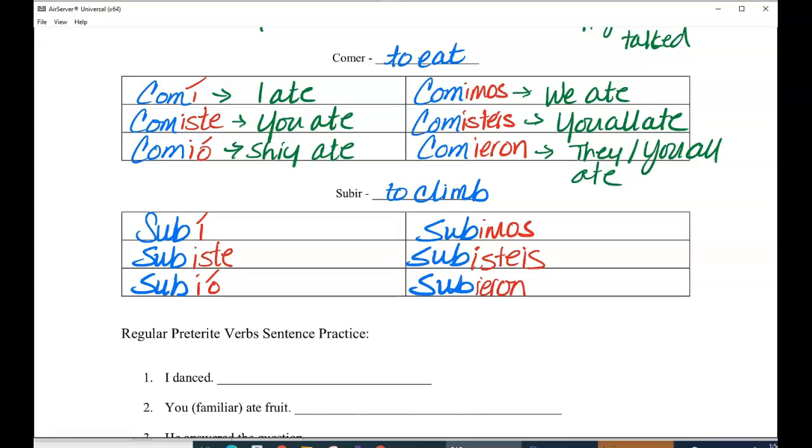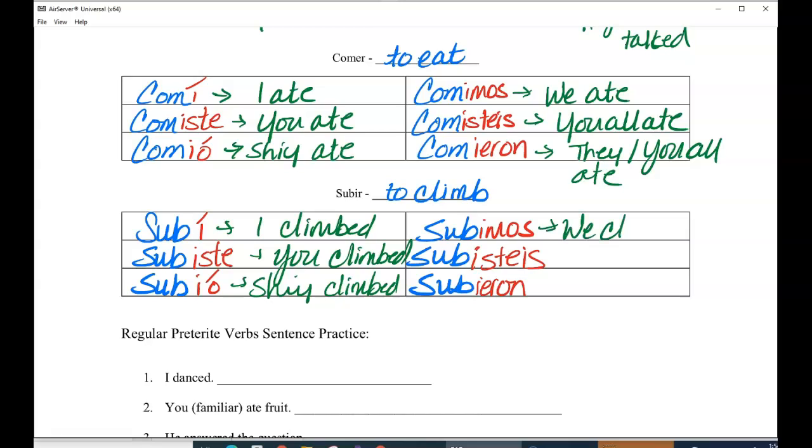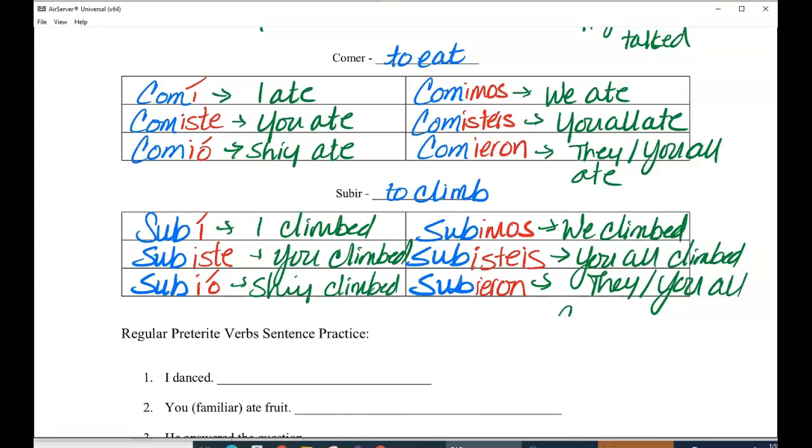Since we decided that climb was the definition we're going to work with, it would be I climbed, you climbed, she climbed, we climbed, you all climbed, and then they / you all climbed.